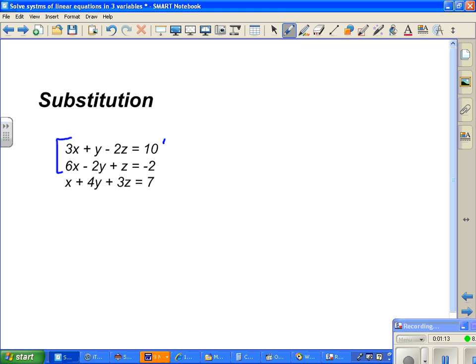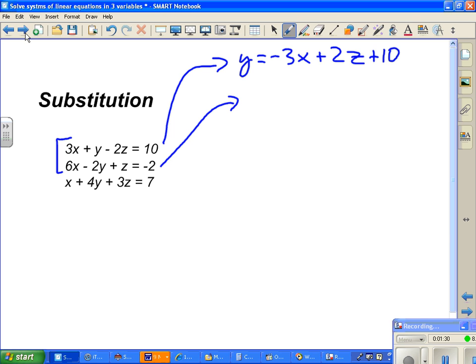If I solve for y in the first one, I end up with y equals negative 3x, I subtract that over, plus 2z plus 10. Now I need to solve the second one for y.